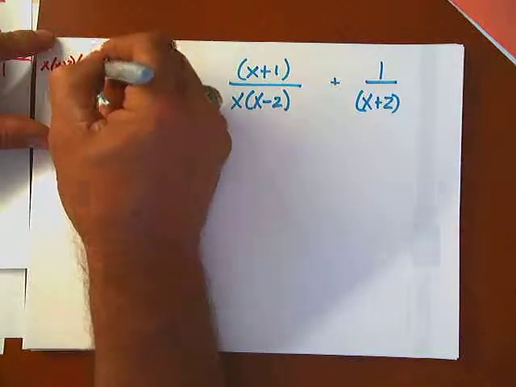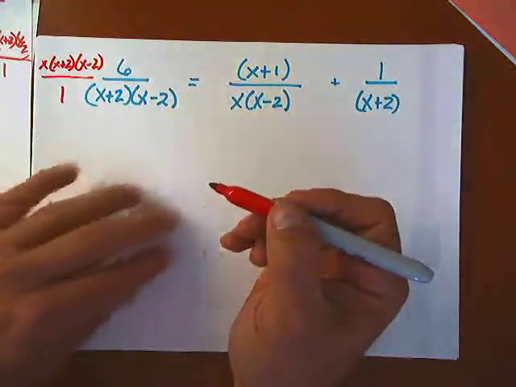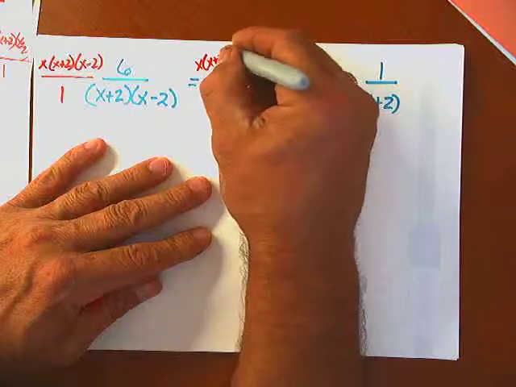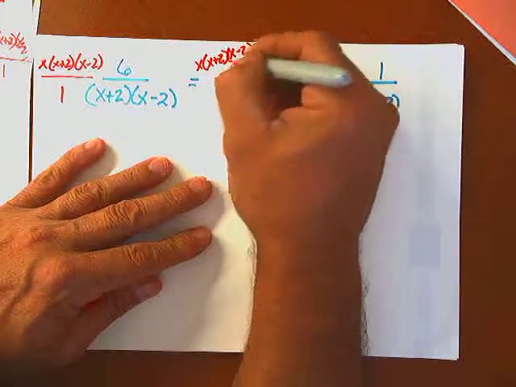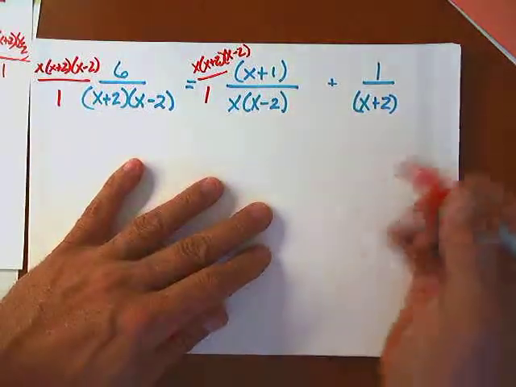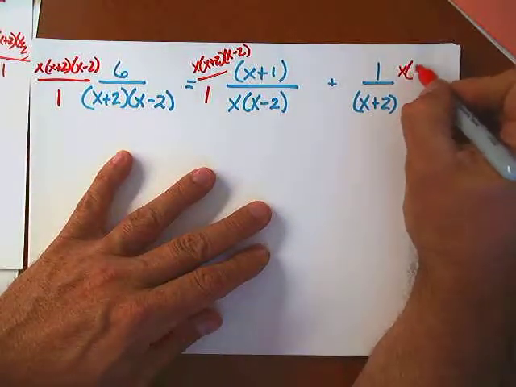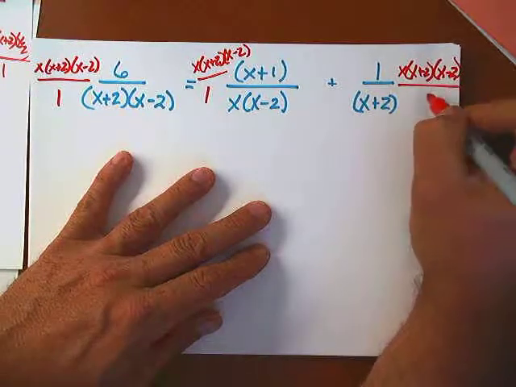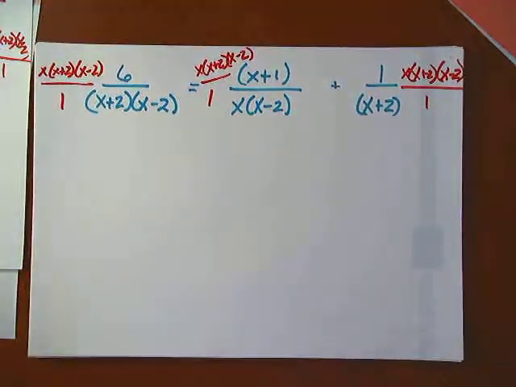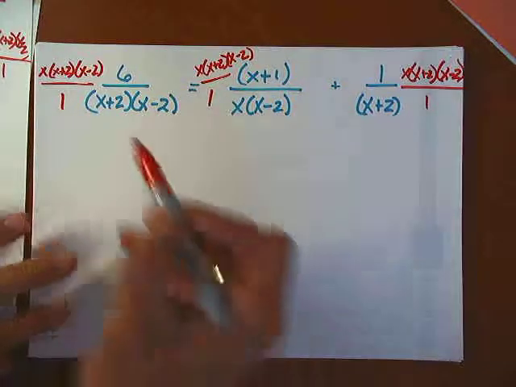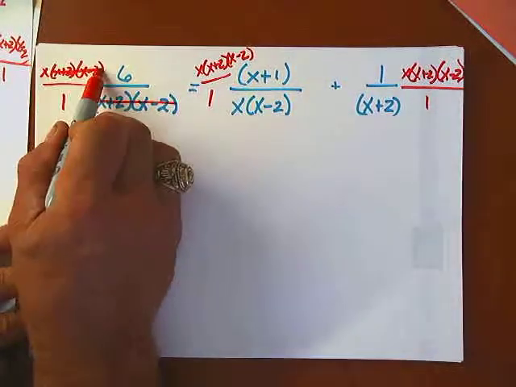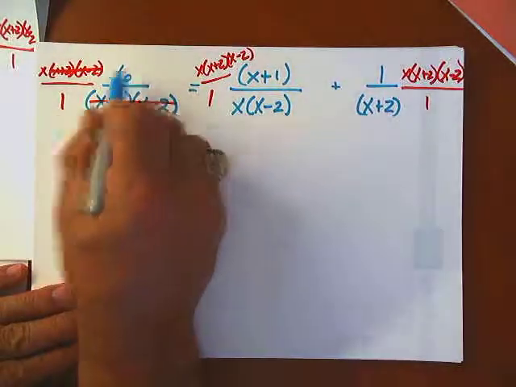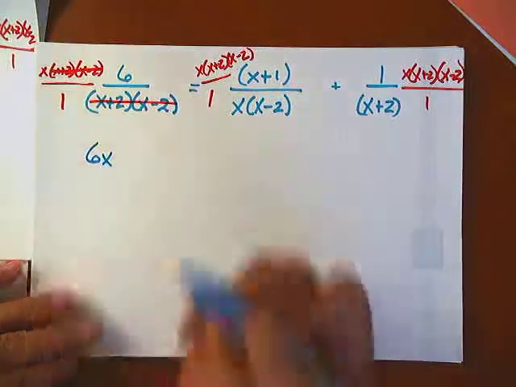Now I'm going to get my red marker and put in my x times x plus 2 times x minus 2 over 1, and then x times x plus 2 times x minus 2 over 1, and then x times x plus 2 times x minus 2 over 1.